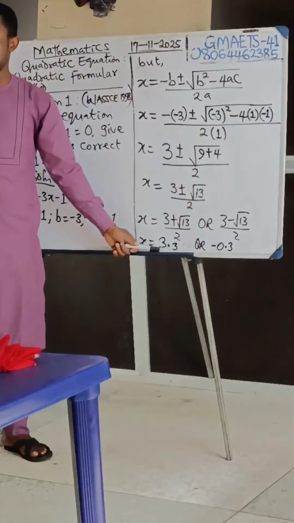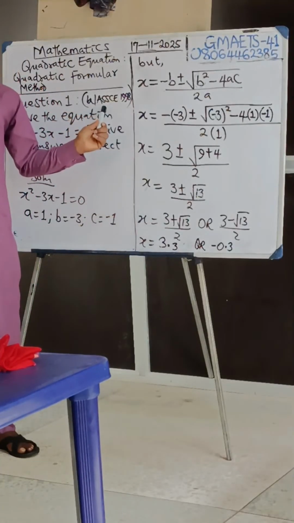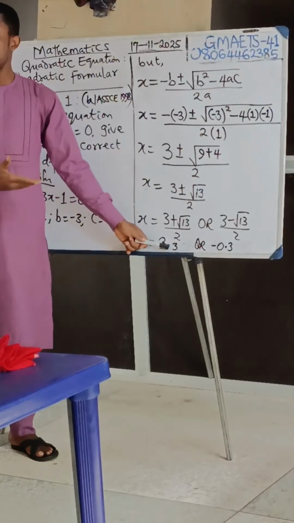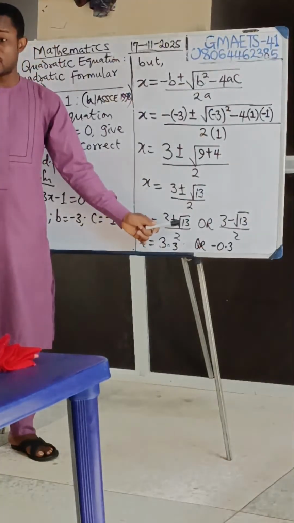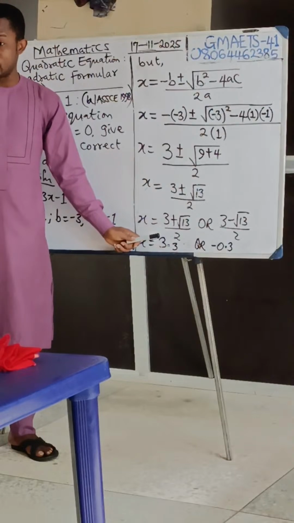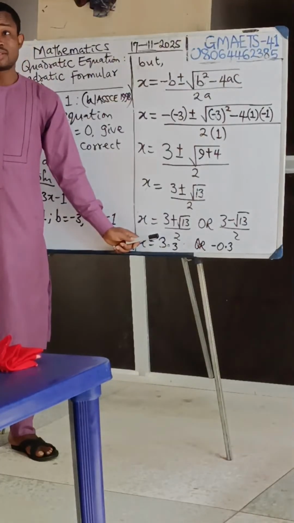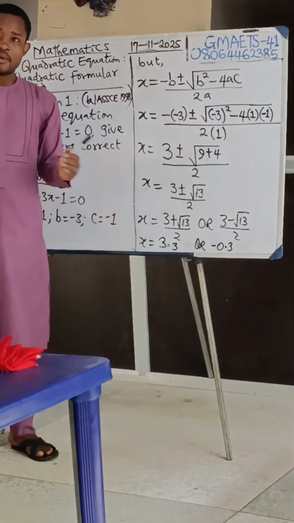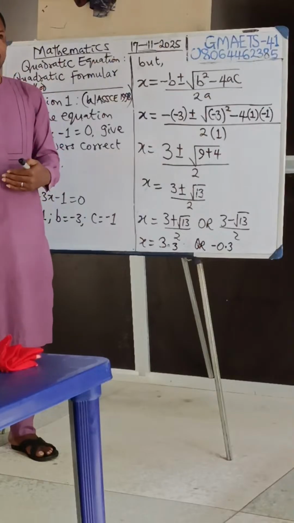This is 3.3. Because the question says we should get the answer in how many decimals? One decimal. So 3.3. This is a fraction, I hope you know that, right? If you had evaluated the square root of 13 separately, that was going to give us 3 point something. It will be greater than 0.5, because 3 squared is 9, and the next perfect square is 16, so the square root lies between 3 and 4.